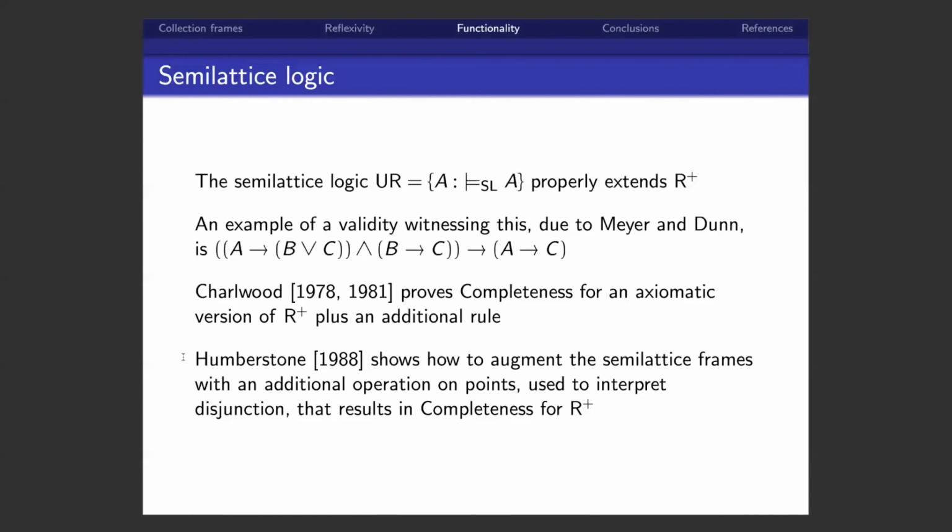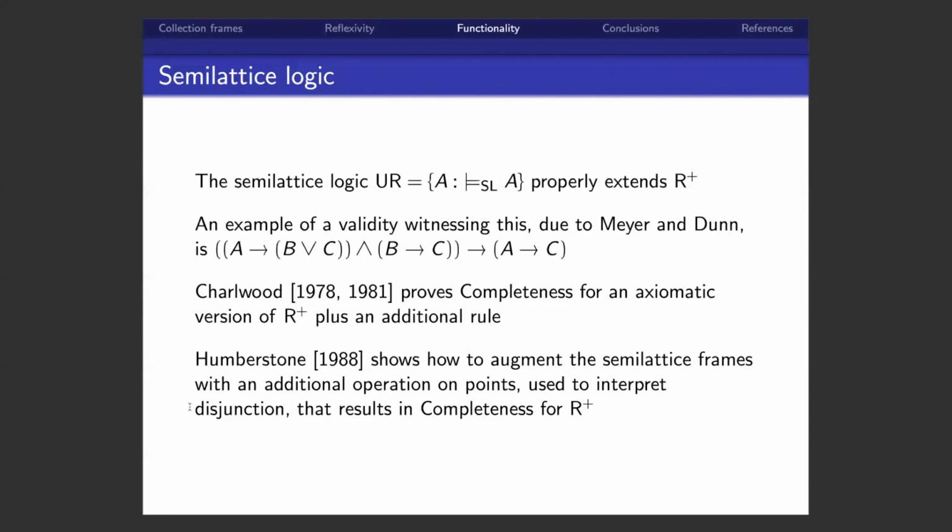And those augmented frames give you a definition of validity for which you can prove completeness for R. So R is complete with respect to validity defined for these augmented semilattice frames. So if your target is R, you have a way to do that, if you just use a slightly different disjunction verification condition, which is, I think, natural and delightful, and I recommend the paper to you.